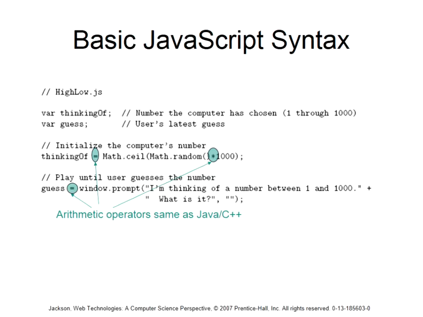When I write in Java or C++ x equal 5, that means in the memory there is a box with the name x with the value 5. Also in JavaScript. So arithmetic operators are the same as Java and C++.